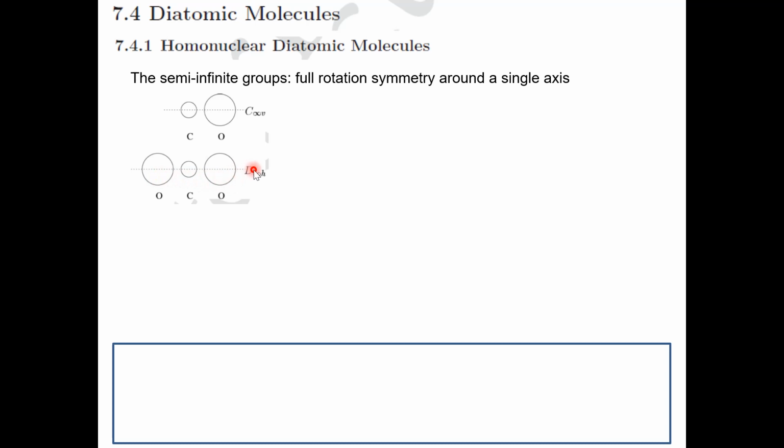So what's the difference? The difference is that in one case I have inversion symmetry, and in the other case I don't have inversion symmetry. If you use the ideas of direct product that I developed in the previous chapter, you can notice that D infinity h is the direct product of C infinity v with the inversion group.